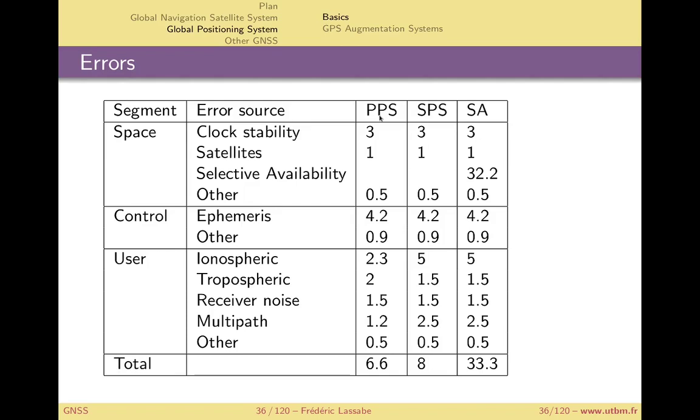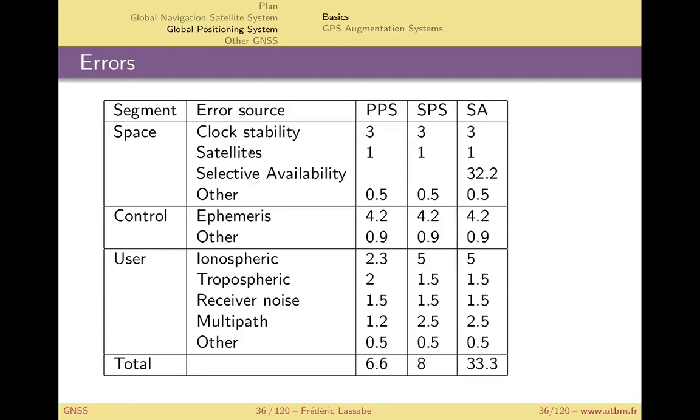For the precise positioning system, which is reserved for military use, the standard positioning system, which is the current system open to everyone, and the selective availability, which was the previous system when a bit of the signal was scrambled by the US military to provide a degraded service to everyone else.